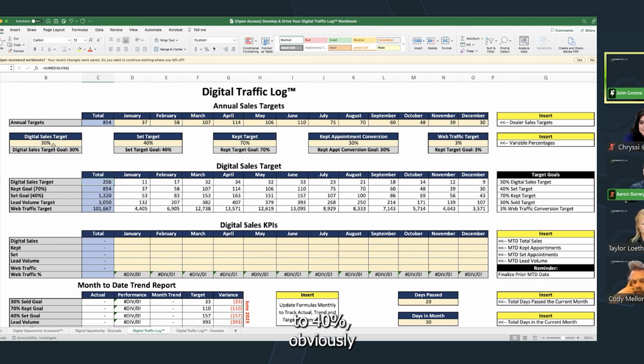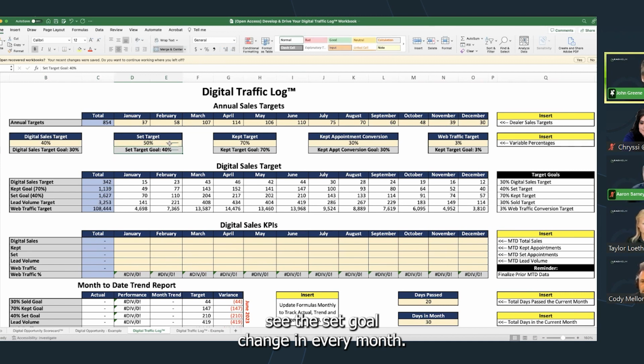And if we jump up to 40%, obviously that number is going to change and everything else changes with it. Okay. So now, Cody, you're after 342 units for the year. And what's your set target? A set target is set for 40%. All right. So that one's going to stay the same. Again, it's dynamic. So if we change that, we would see the set goal change in every month and for the year.